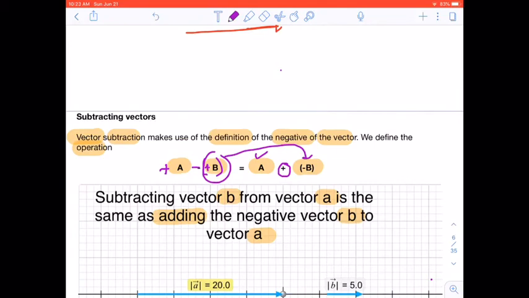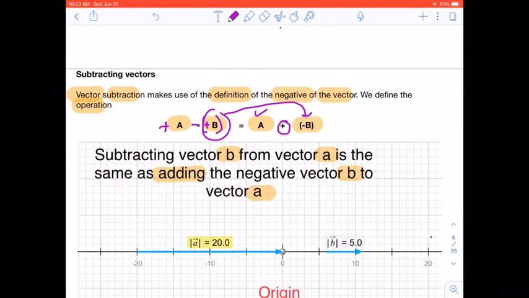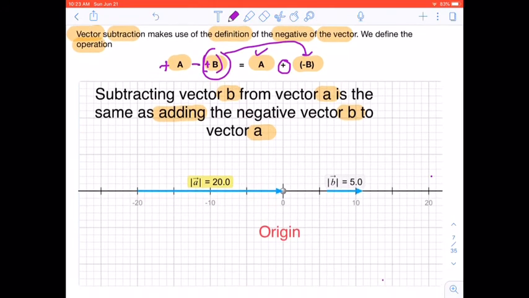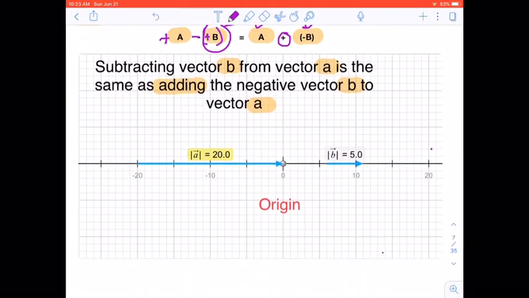It's easier to visualize vector addition than subtracting vectors.